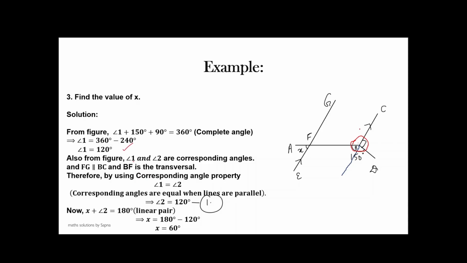I already know that if I suppose this angle as angle 1, this mark is there, it means this angle is 90 degrees, and this entire angle is given to me as 150 degrees. So I have the other two angles, so I can easily figure out what angle 1 is, right? So let's do it.